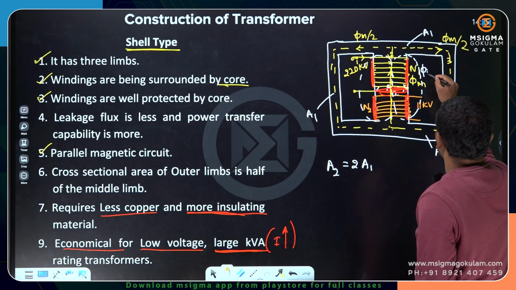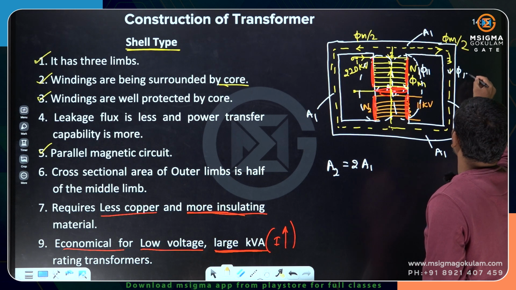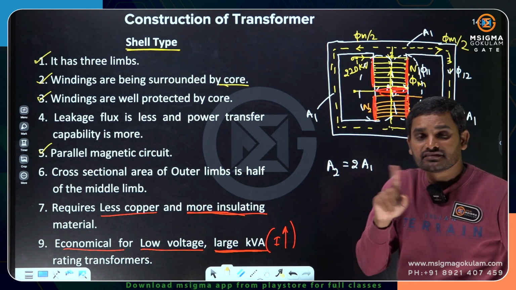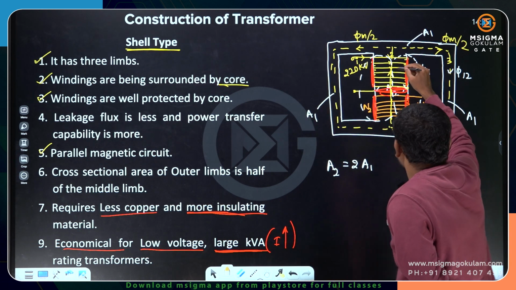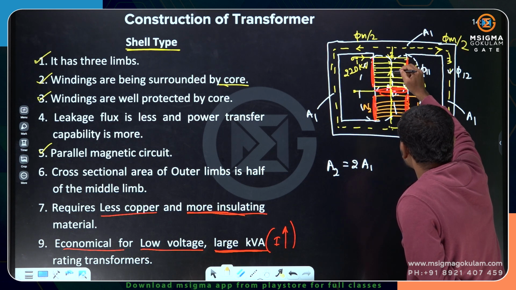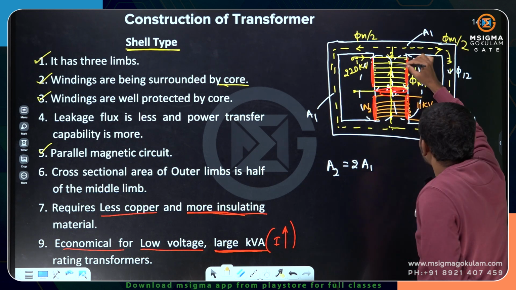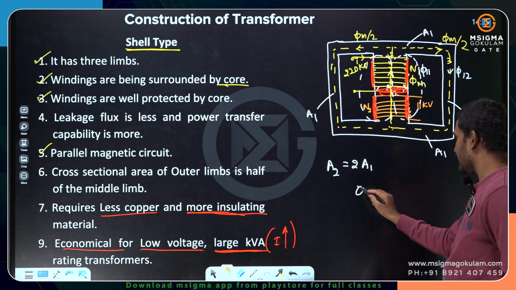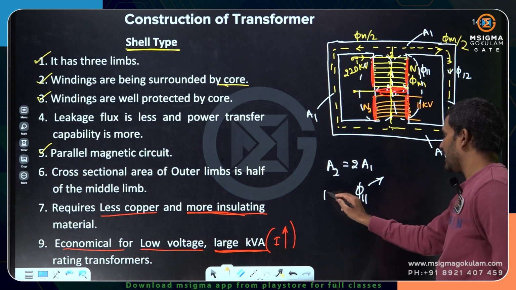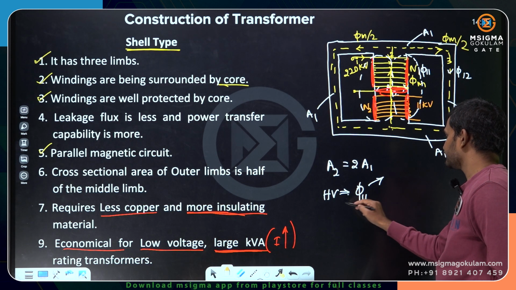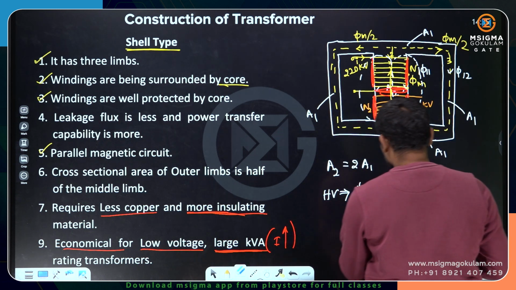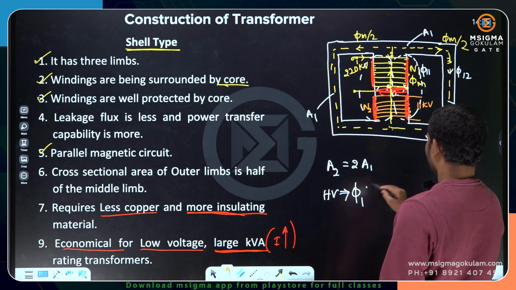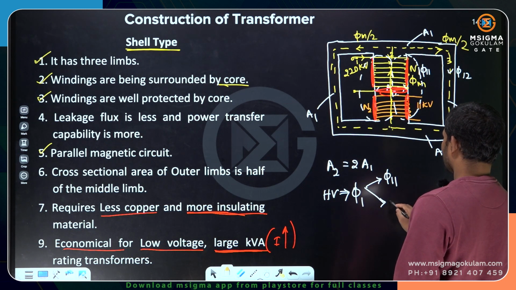Though this is phi 11, though this is phi 12, you cannot call phi 11 leakage flux, because phi 11 is a part of phi 1 and that is produced due to the high voltage winding. The high voltage winding flux line is linking with the low voltage winding also, no. The high voltage winding is creating phi 1. Now this phi 1 is divided into phi 11 and phi 12.